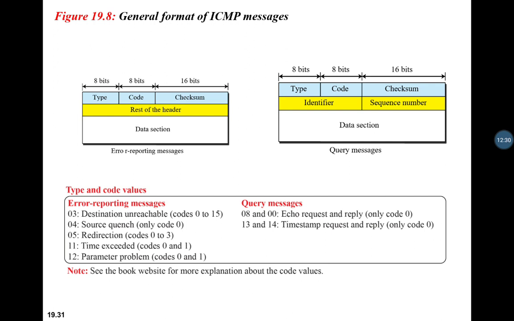For example, when the time to live value is 0, the datagram is dropped by the visiting router, and a time exceeded message of type 11 with code 0 will be sent to the source to inform it about the situation. Like if there is one datagram whose time to live value is 0, then a time exceeded message with code 1 is sent.